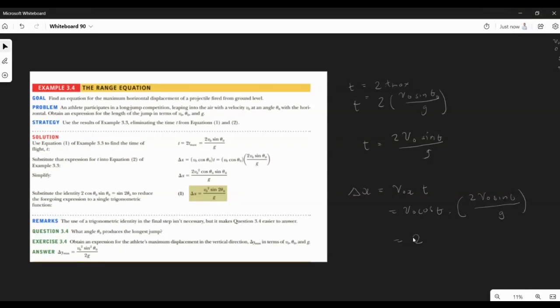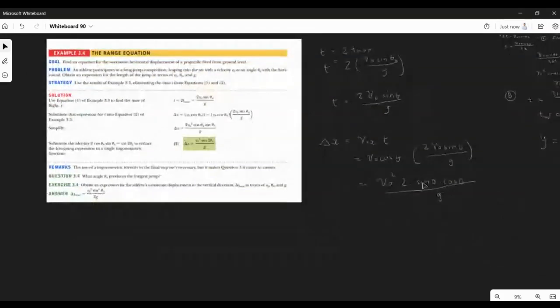We multiply these things together and we get V0 squared, 2 times sine theta times cos theta, divided by G. Do you guys remember what 2 sine theta cos theta is in matric?